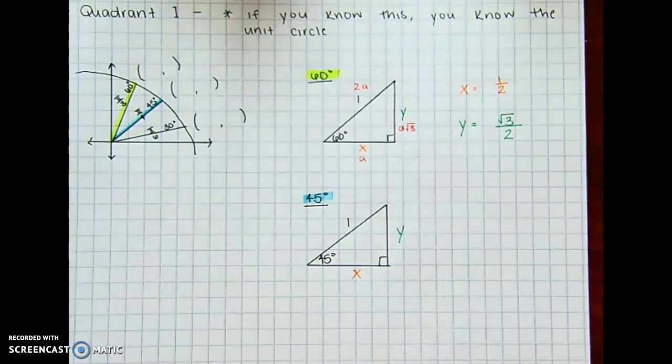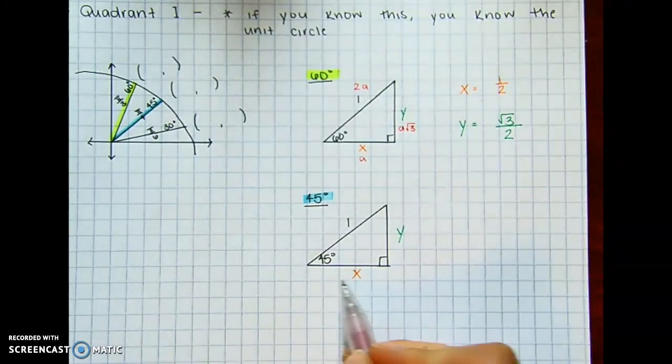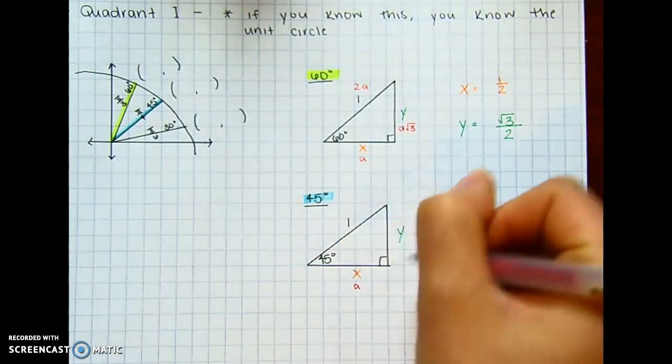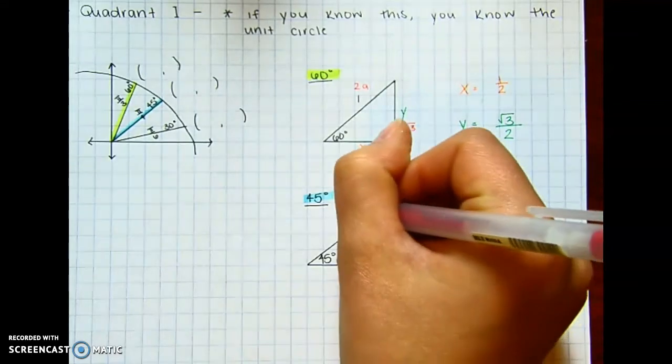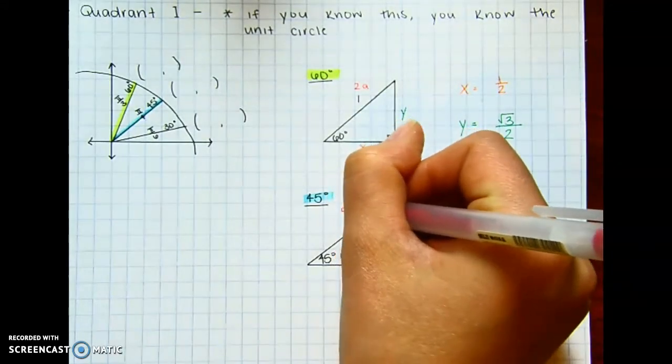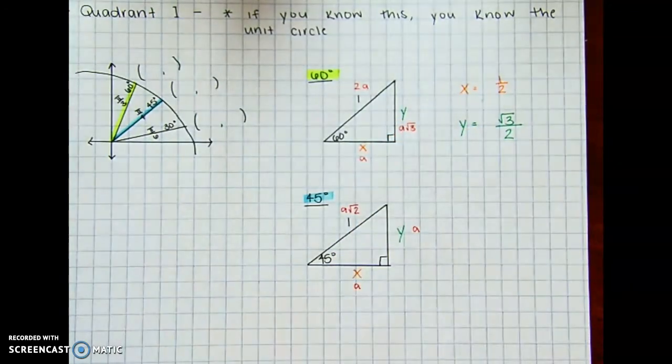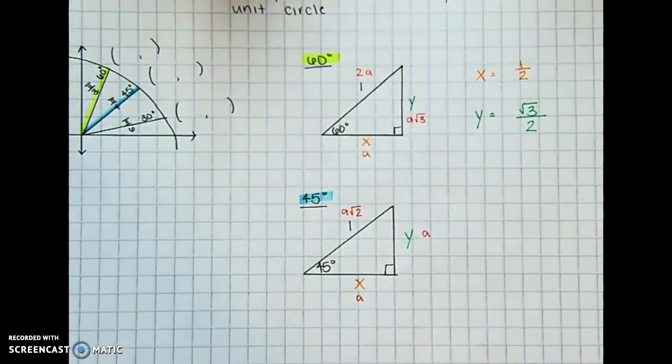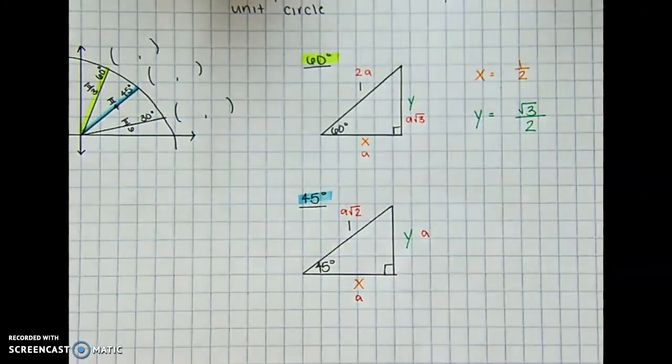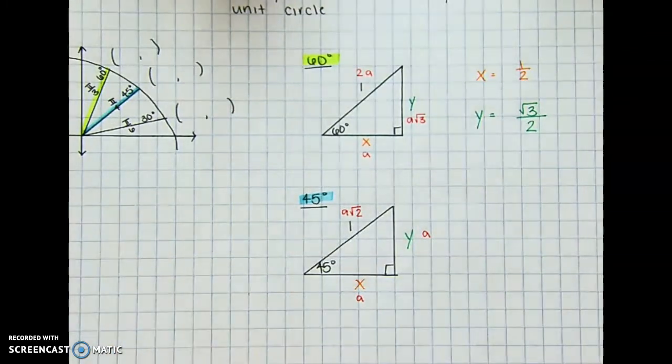And if we label what we know about a 45, 45, 90 triangle, then this length is a, this length is also a, and this is a root 2. So for this one, you have to do a bit of solving, but that's not bad. I'm going to do it off to the side over here.